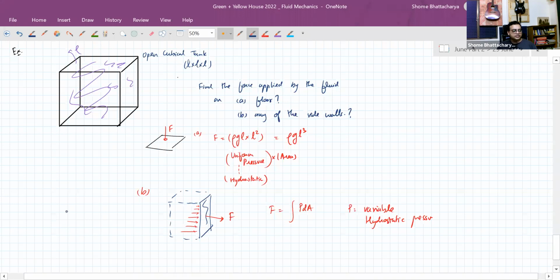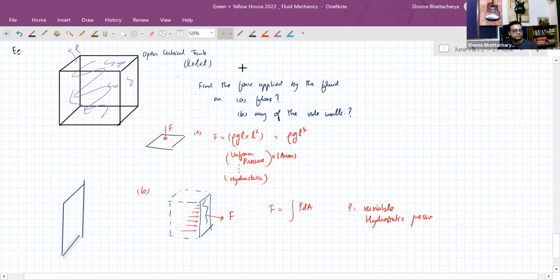So to do that integration, we can consider a thin horizontal strip on the wall, at a certain depth y from the top, of thickness dy.